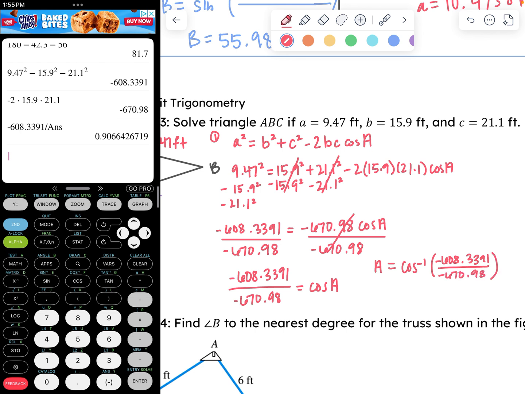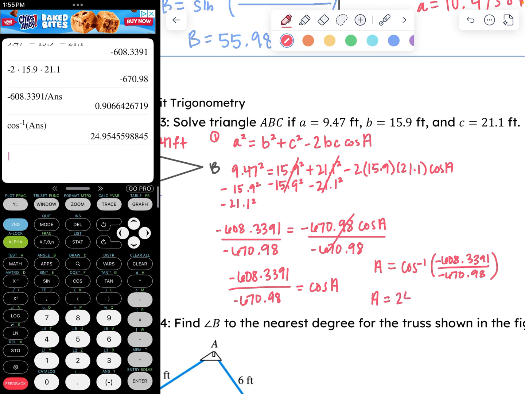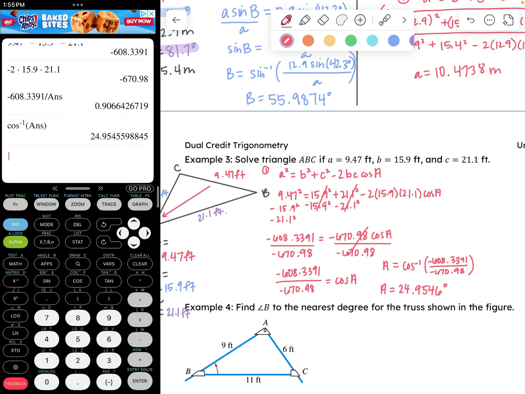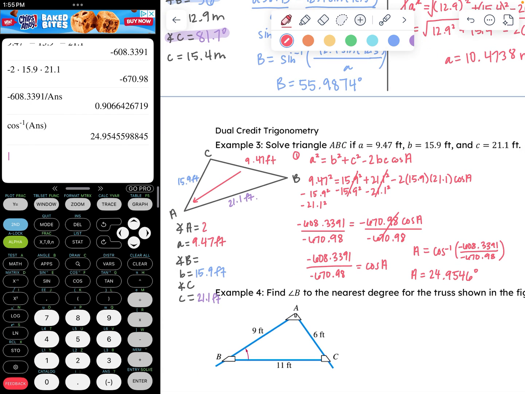But when I plug it into my calculator, I can just do the inverse cosine of second, the negative sign to get that answer. And I get that A is 24.9546 degrees. I don't think that we need to round it quite that much. Let's do 2 decimal places. So I'm going to say that A is 24.95 degrees.